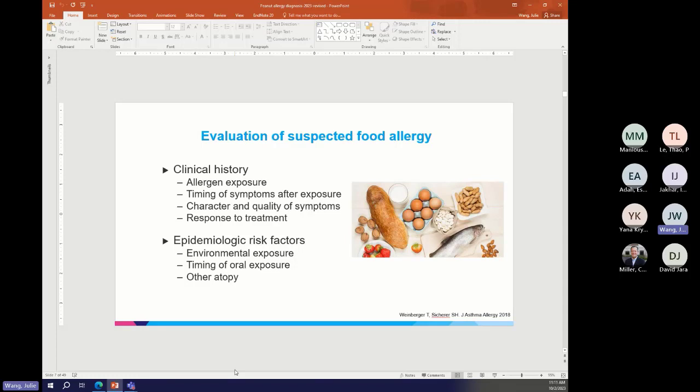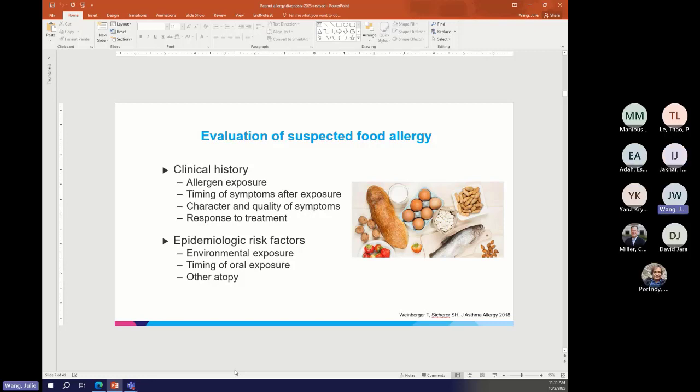Important aspects of the history also include thinking about food as a complex of different ingredients. So the primary ingredient may not be the trigger, but maybe it's a lesser ingredient that the family or the patient is not recalling specifically.